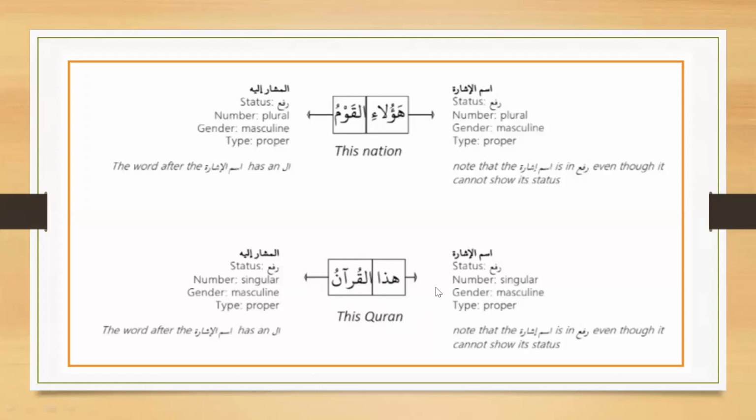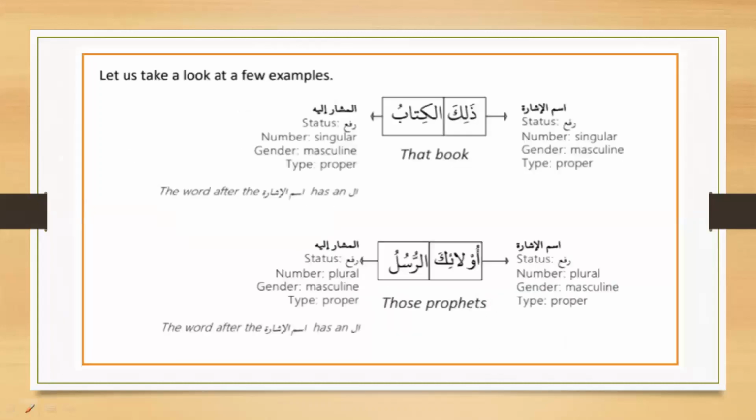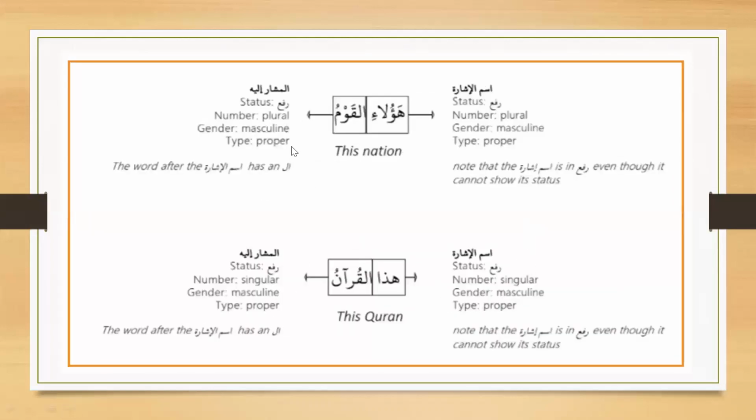So all four properties match. So actually the exercise on this page and the previous page is to show you that the pointer fragment, the ism ishara and the mushar ilay, both always match in all four properties.